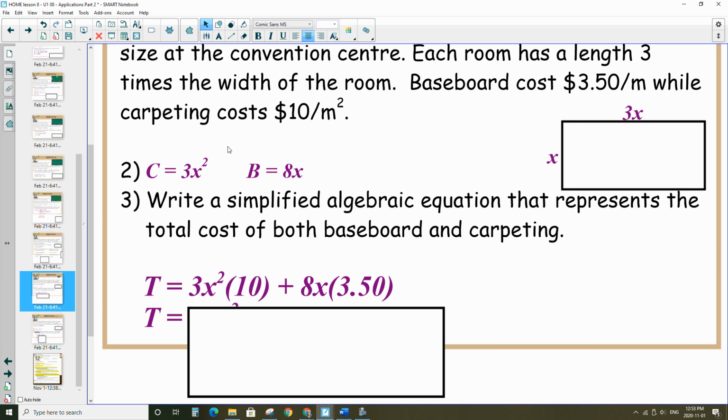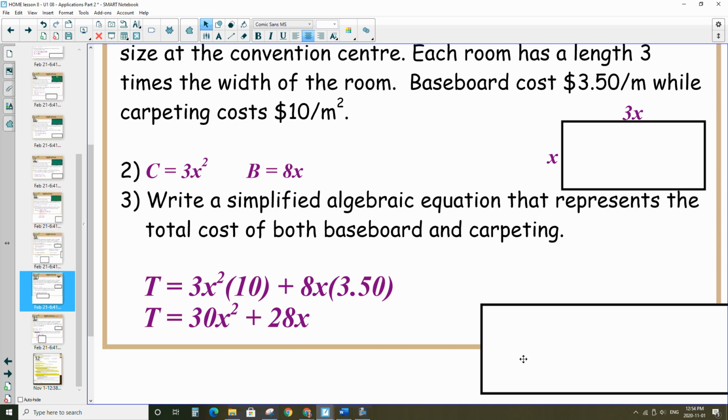So it's whatever our formula was for the area, 3x squared times 10 plus 8x times 3.50. Simplified, 3x squared times 10 is 30x squared, and 8x times 3.50 is 28x.